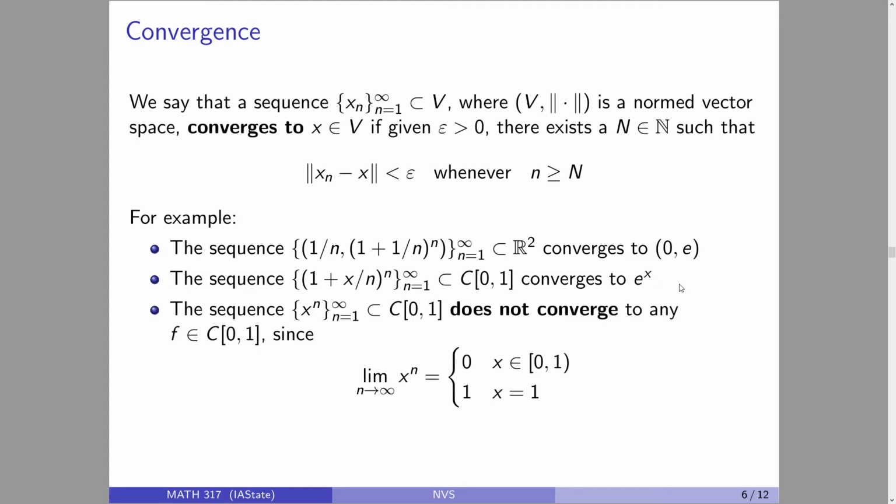As an example of something that doesn't converge, if you look at the power functions, x to the n, that's not going to converge to any continuous function, because if x is between 0 and 1, exclusive of the 1, the limit will always be 0. A number less than 1 raised to a power is going to get really small. However, 1 to any power is always equal to 1, so that just sits at a 1. So that doesn't converge to a continuous function. It was a very famous example of something not converging, actually.